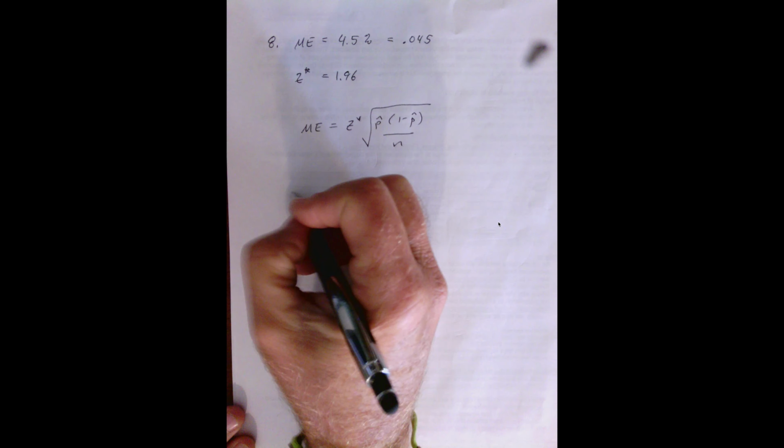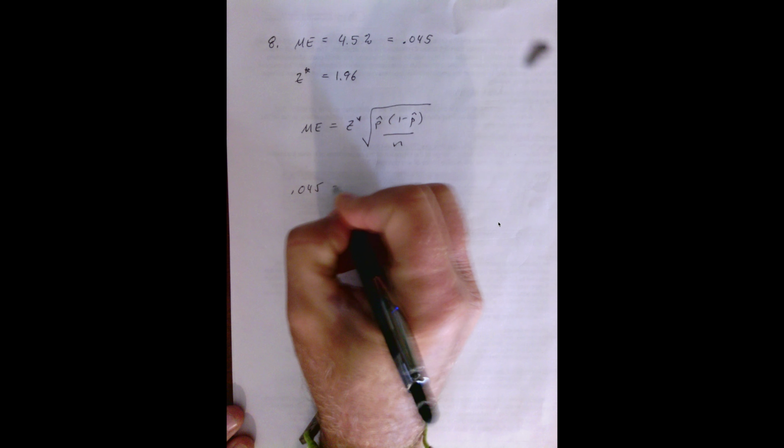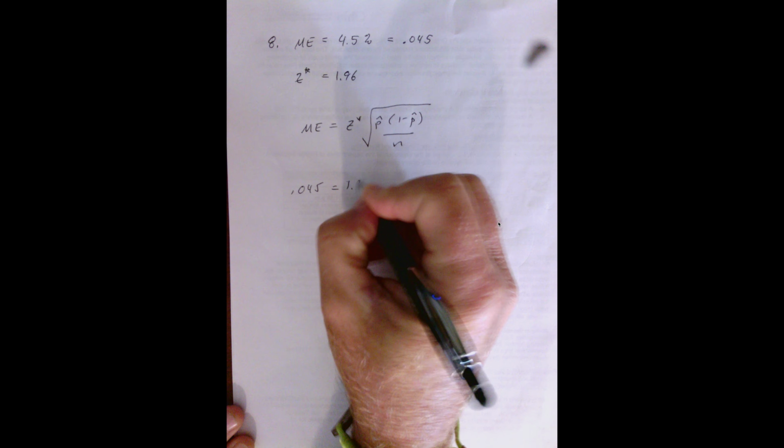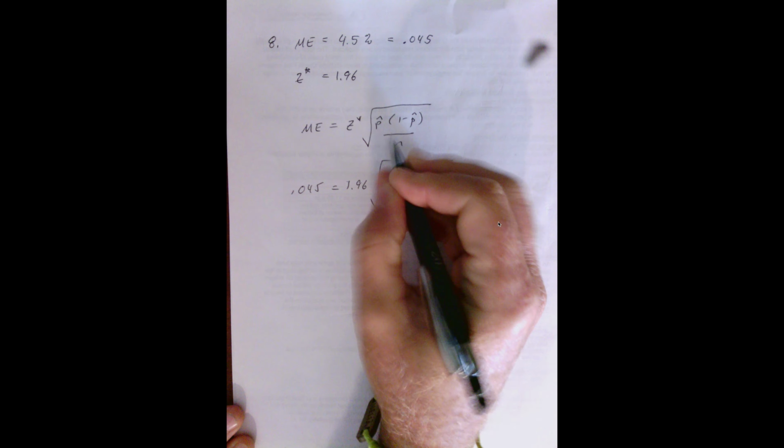Same kind of problem. So we know the margin of error here is 0.045. We know that Z critical is 1.96. And we know the p hat, again, we should know by now that p hat resides in the center of the interval.